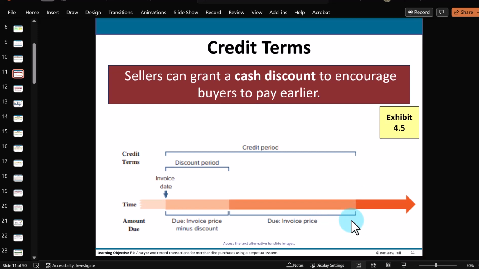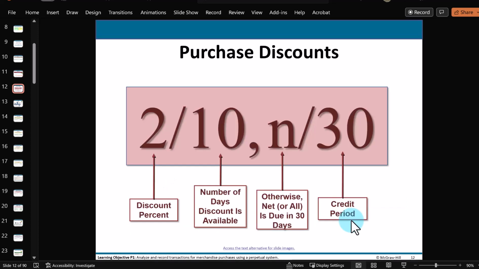So let's take a look at an example where we're given a discount. The way to read this shorthand of writing out a discount is that there's going to be a 2% discount if we pay off our bill within 10 days of this purchase date.